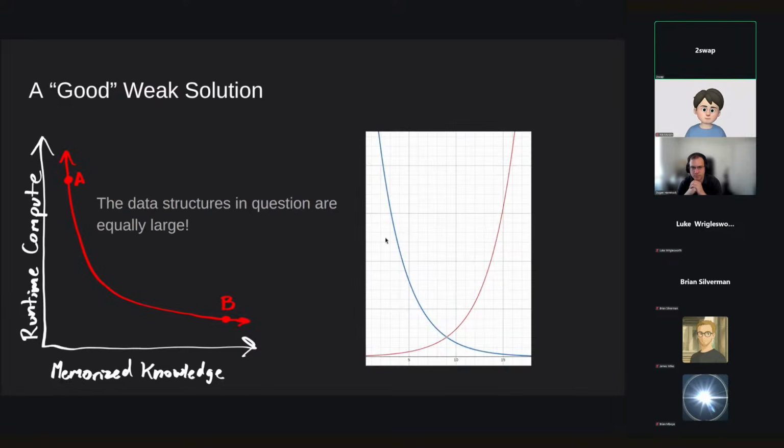And so there's a balance to be struck here, right? You can take the approach of thinking about everything up front and not memorizing anything, versus memorizing everything and not thinking at all.